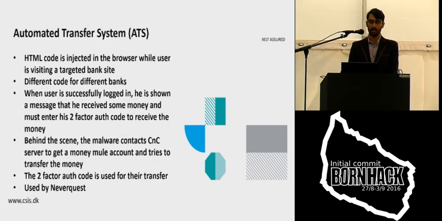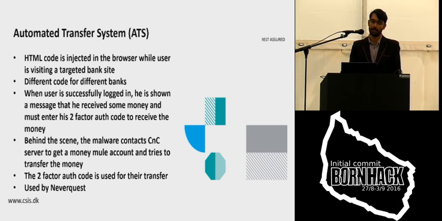The next thing is the automated transfer system. This is one thing which is pretty fascinating because it works fully automatically. Although criminals have these call centers and so on, they have quite a lot of staff. But if somebody can use this, it's of course better for them because it's fully automatic.